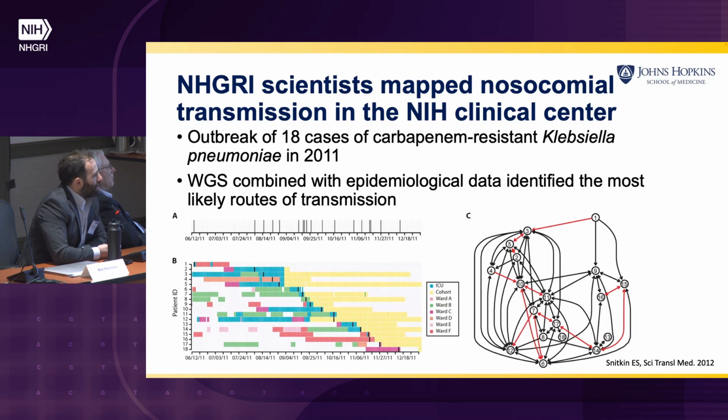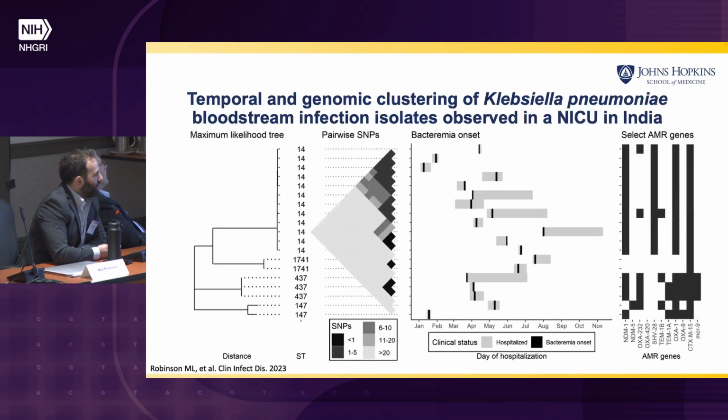Now, we've been working on applying this same principle in other settings, and at Hopkins now, the infection prevention and control team can order whole genome sequencing for bacteria to help them resolve these challenging transmission investigation cases. I work in India. We're also doing this in intensive care units where carbapenem-resistant organisms are a major challenge.